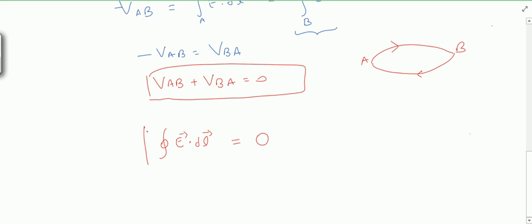That is moving a charge from A back to A. That is, the closed loop line integral of E will become 0.